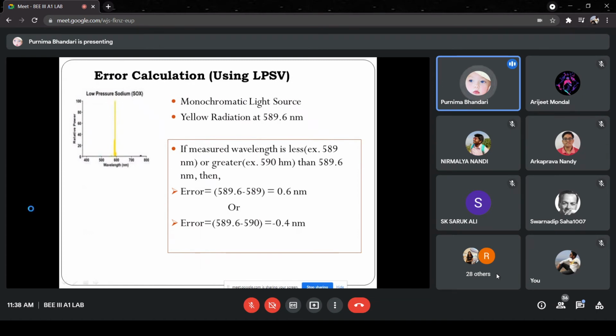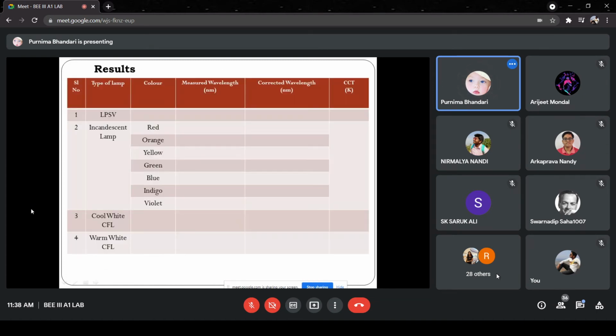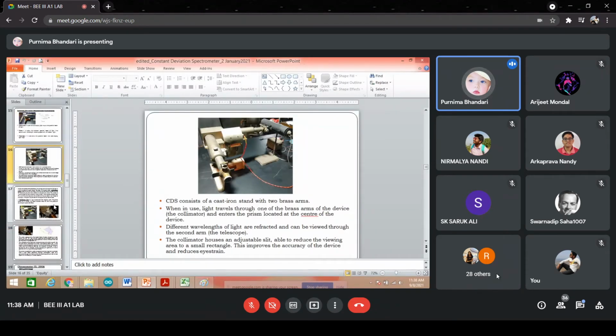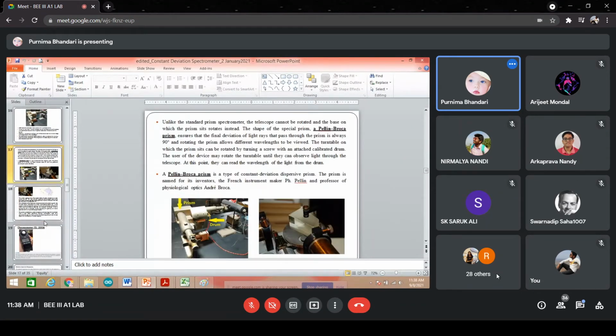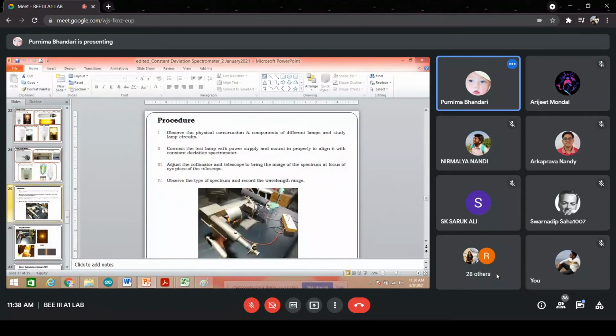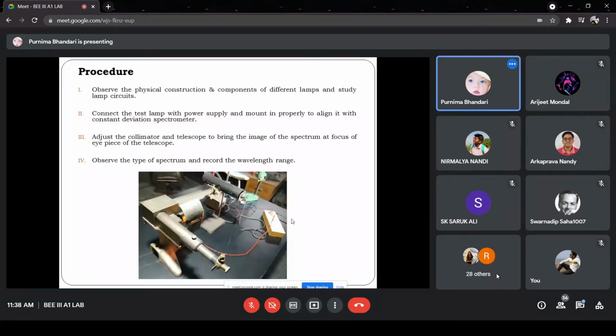So if you see this instrument, first, at the start, we have to calculate the error.